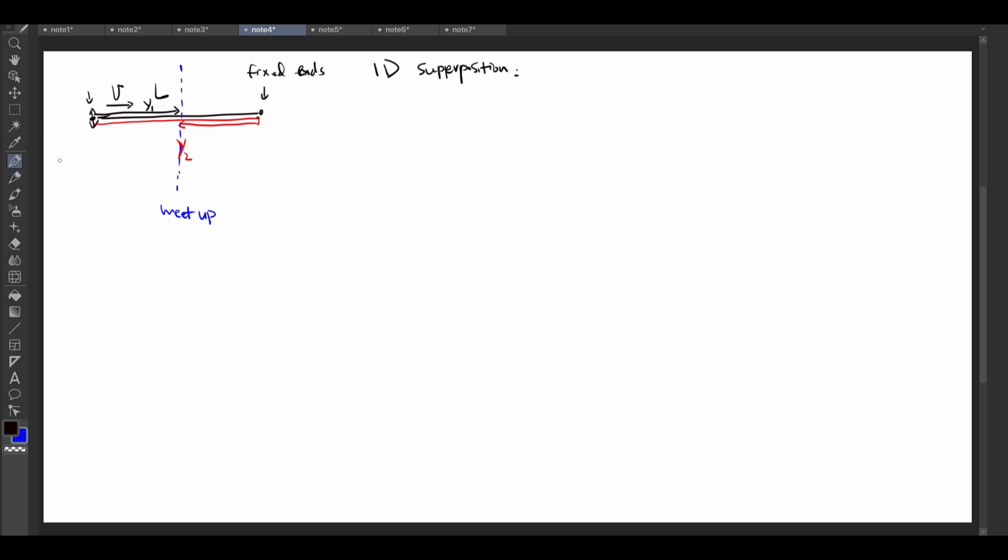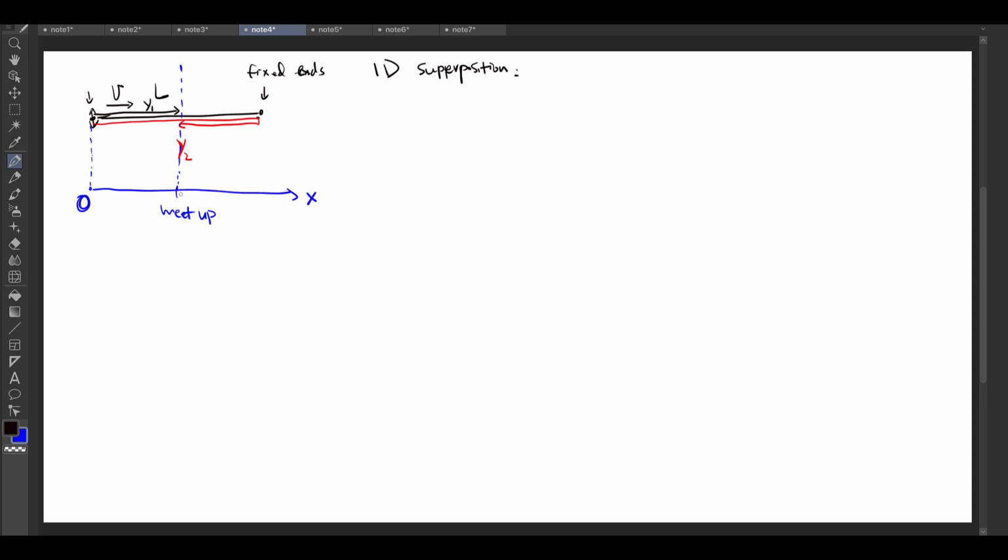Now to set up the coordinate system, I want to say the origin O is at the first wave source, and the x-axis points to the right.